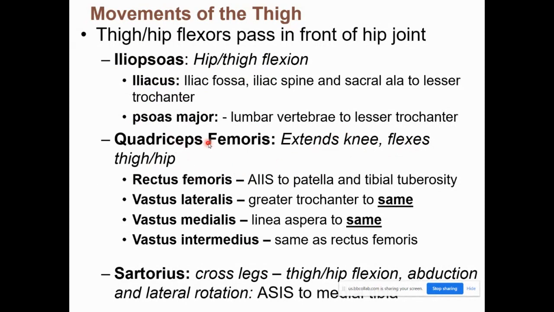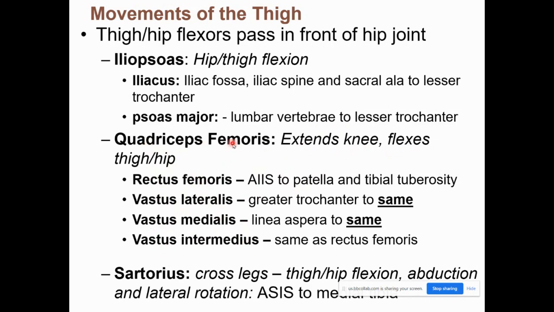If you just want to remember one muscle or one action for the quadriceps femoris group of four muscles, it extends the knee or straightens the knee. So first, know the group of four muscles that belong to the quadriceps femoris group, rectus femoris, and the three vastus muscles, lateralis, medialis, intermedius.